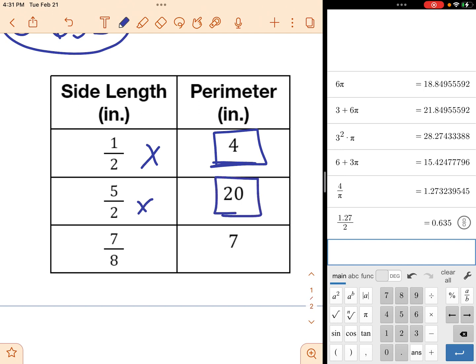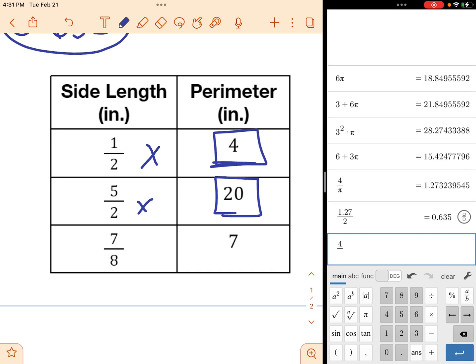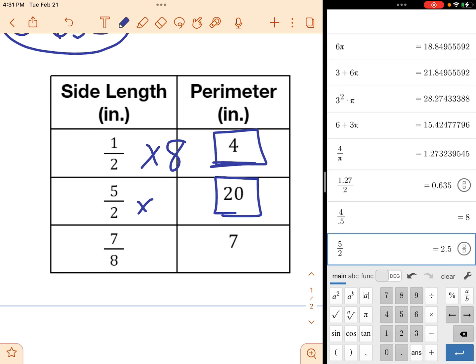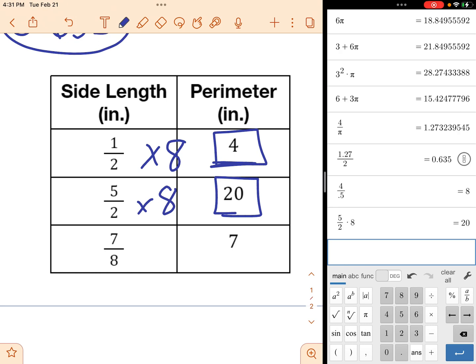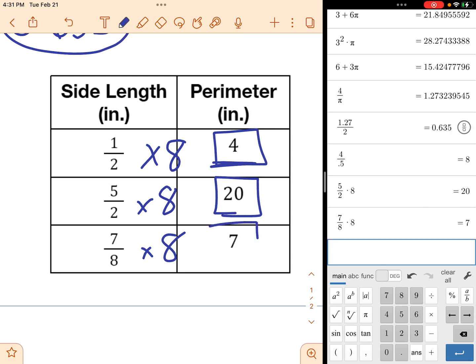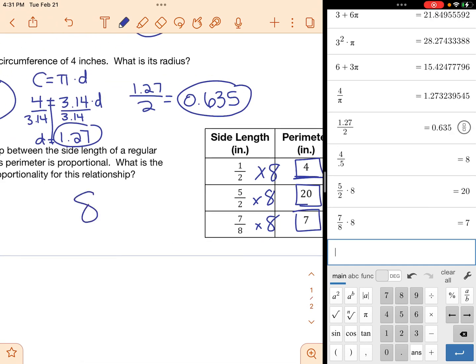If you're not quite sure, you could take 4 divided by 1/2, which is 0.5, and get 8. And then let's just double check our work. 5 over 2 times 8, that's 20, so that works. And then lastly, let's check 7 over 8 times 8, and that's 7, so that is our constant of proportionality.